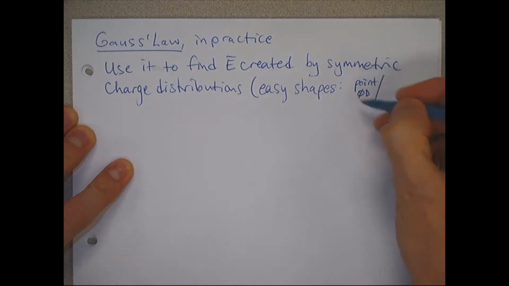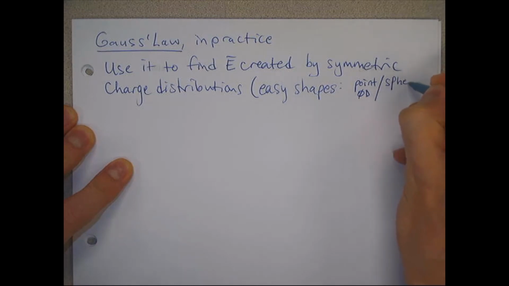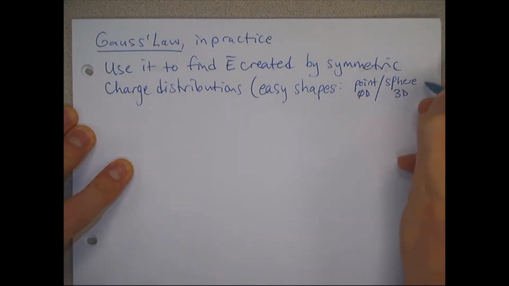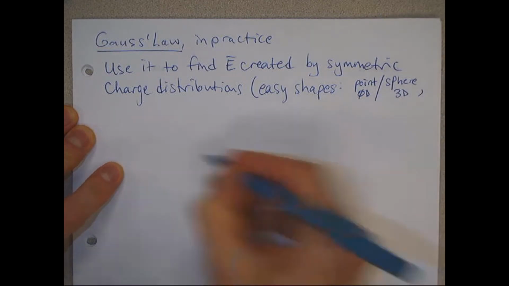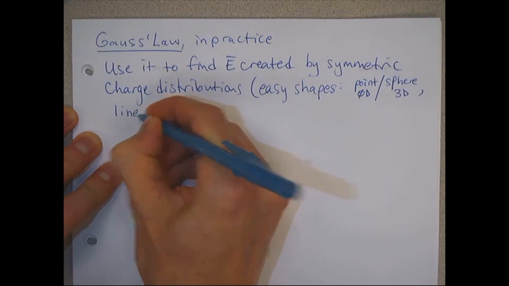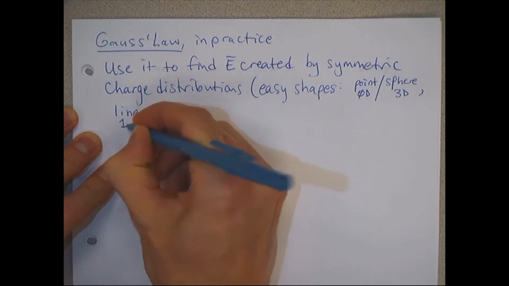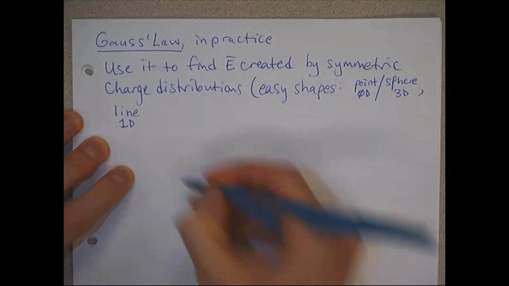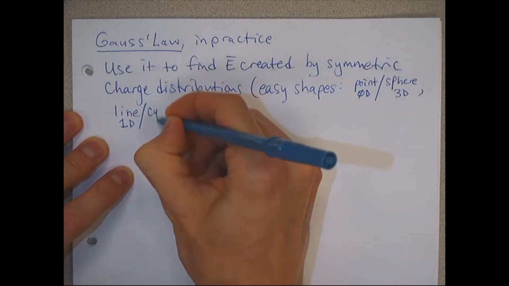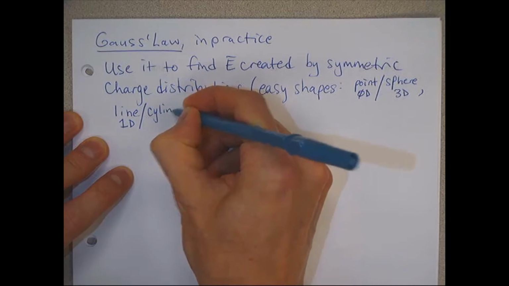We'll find that we attack those problems the same way that we do with any sphere in 3 dimensions. There will be linear or one-dimensional charge distributions, and you'll see that we attack those in the same way as three-dimensional cylinders.